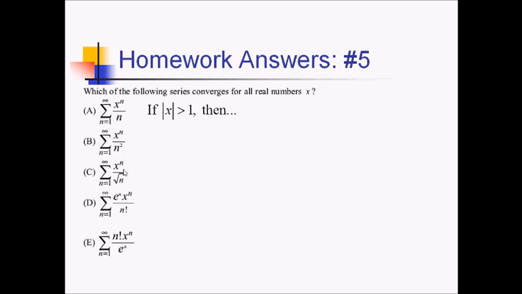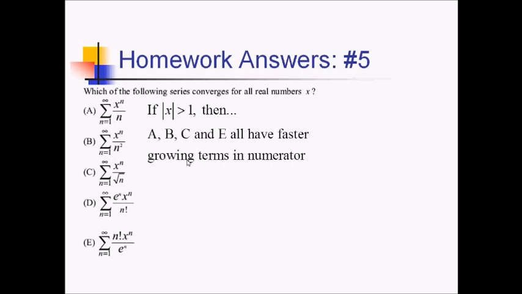Same thing with choice C. With choice D, we have n factorial, which kind of beats everything. So choice D, it doesn't look like is going to fail the nth term test. Choice E, again, n factorial beats almost everything, so E is going to diverge. So A, B, C, and E are all going to have faster growing numerator terms and diverge by the nth term test, which allows us to pick answer choice D if we wanted to.